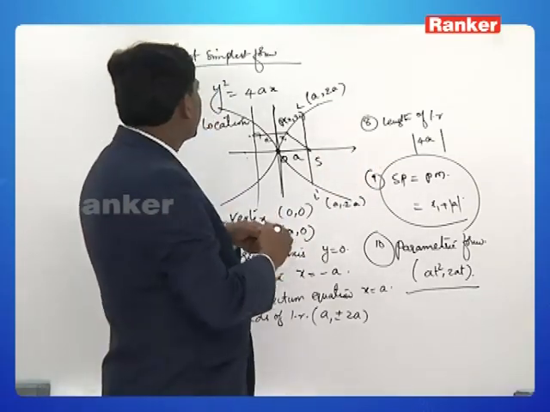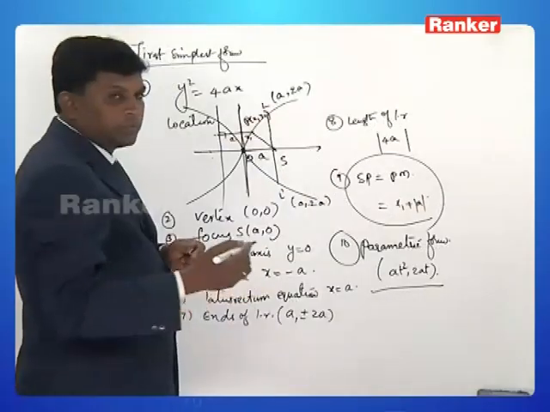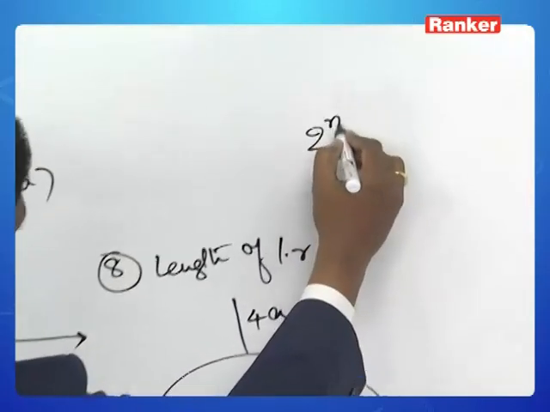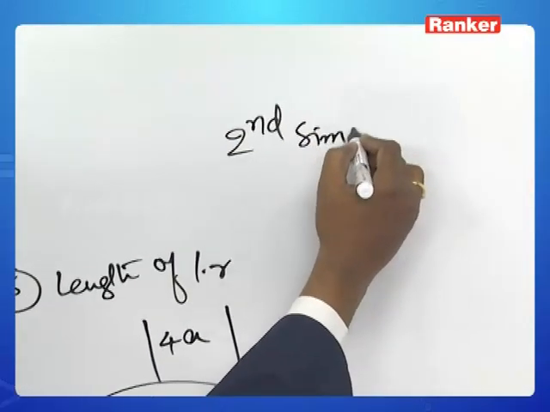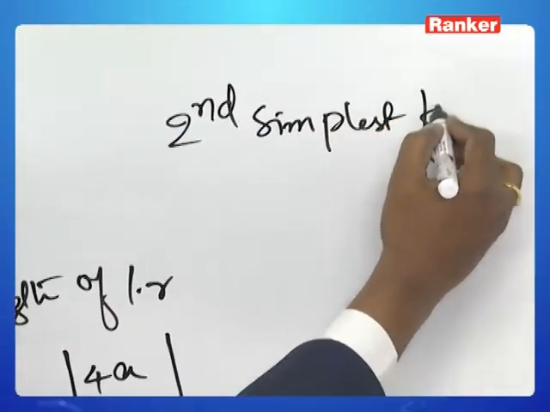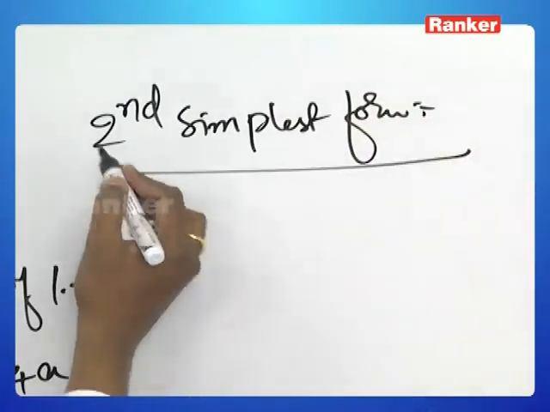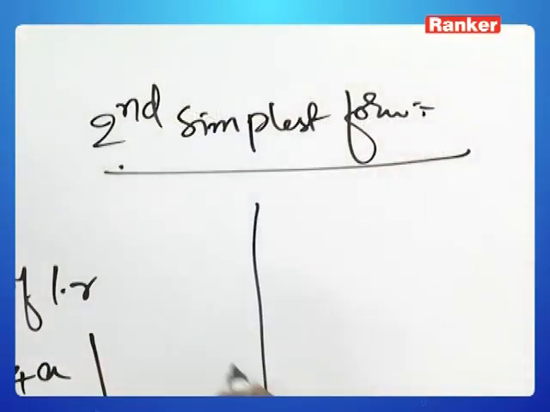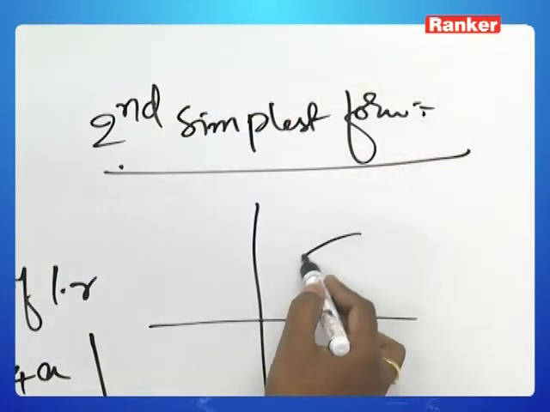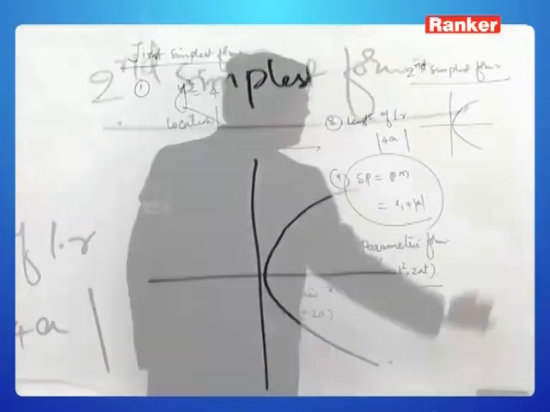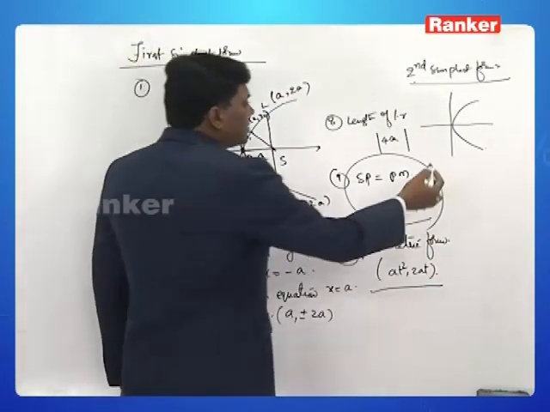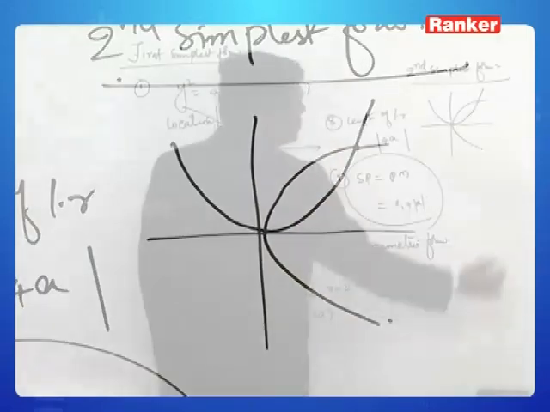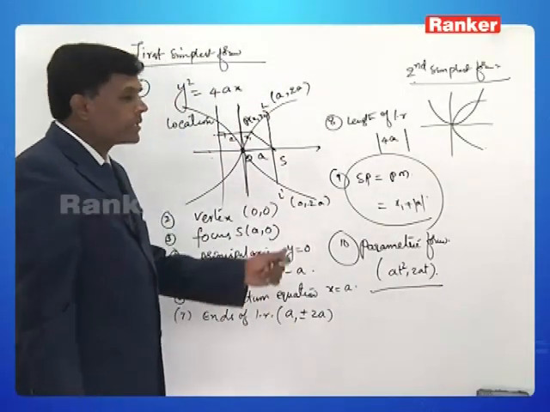If we analyze the second simplest form, suppose this is the first form. Now we are just rotating this through 90 degrees clockwise or anti-clockwise depending on the case.